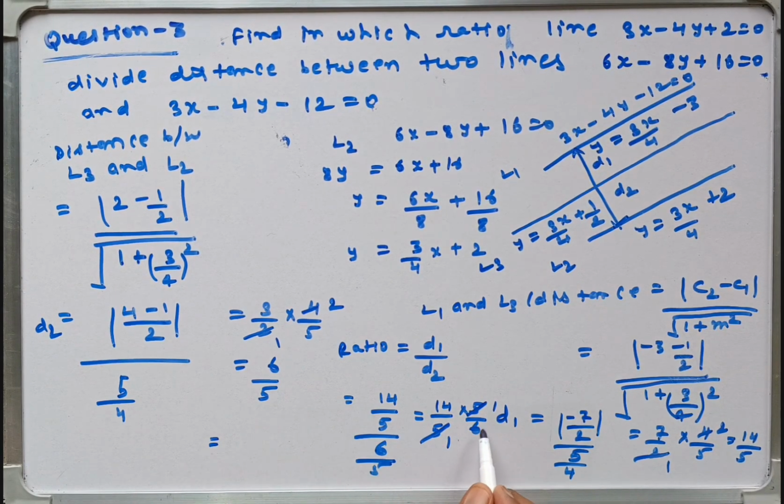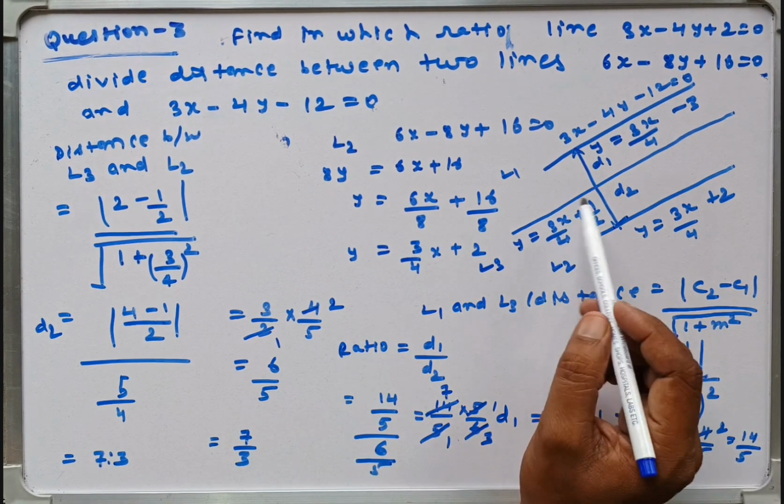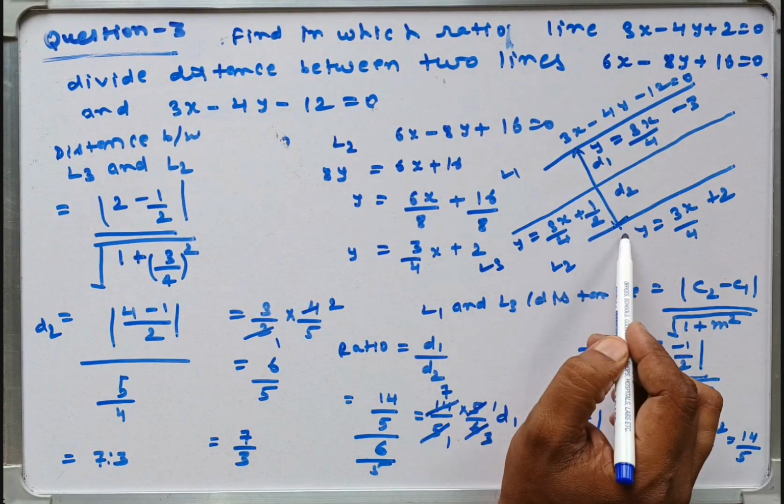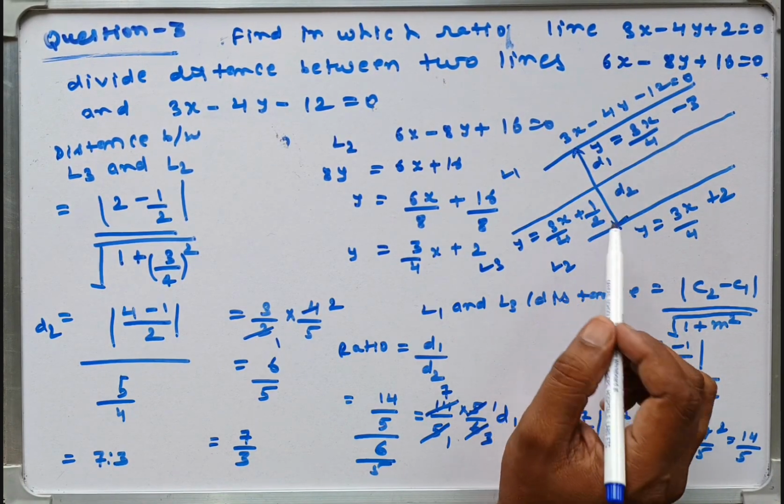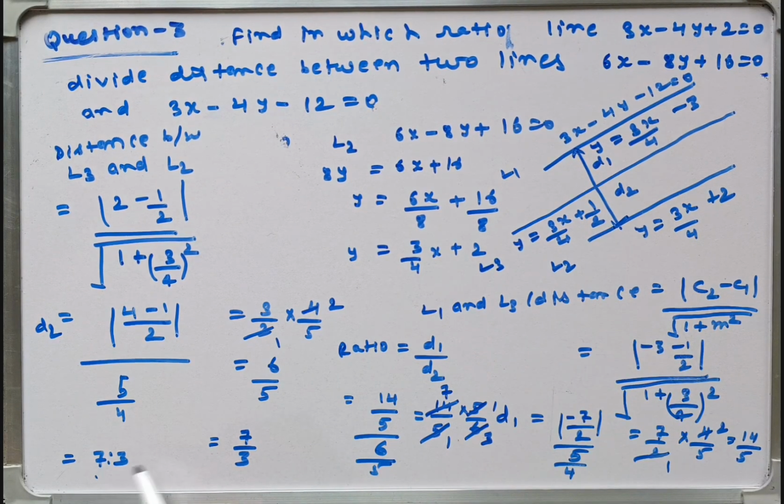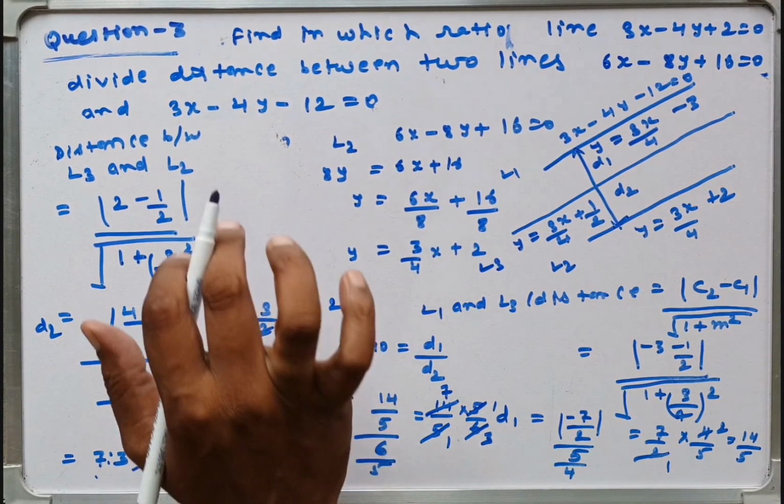So this will come 3 twos are 6, so this is 3, and 2 sevens are 14. So this is coming 7 by 3. So our solution is here 7 is to 3. So we can say this line divides the distance between these two lines in 7 is to 3 ratio. This is read as 7 is to 3. Okay, so this is the solution of this question.